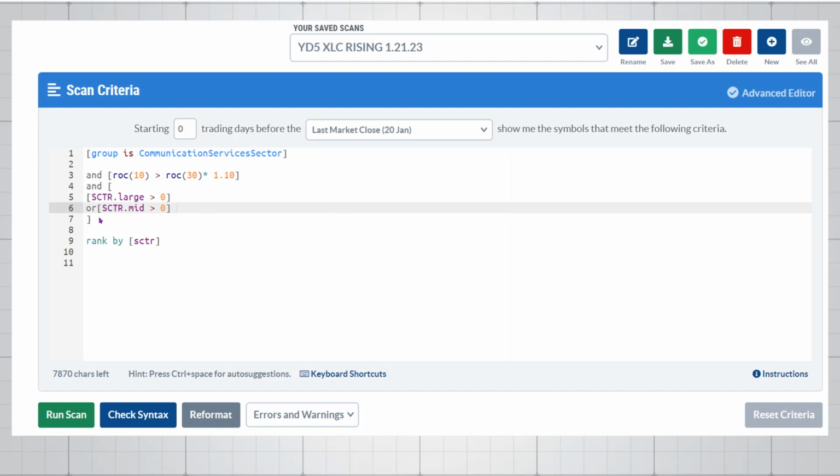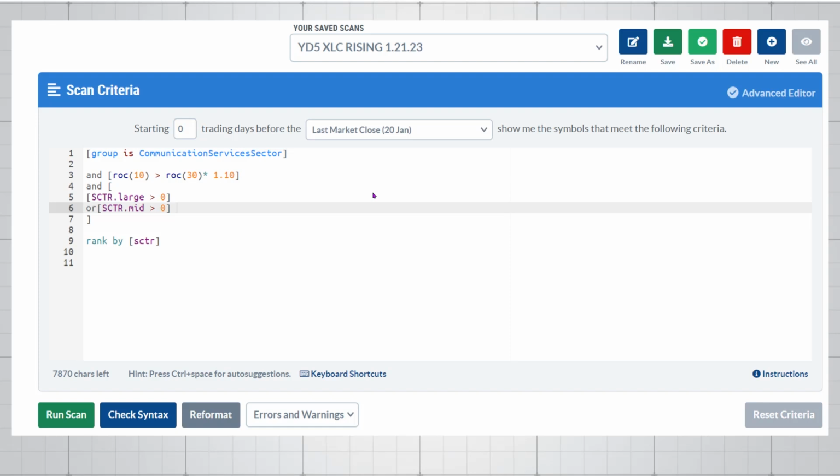One way to do that is through a rate of change analysis. So here, simply our 10-period rate of change is greater than our 30-period times 1.10. That's optional. You don't need that. But it's saying I want something that's really juiced up a little bit in the last 10 periods.